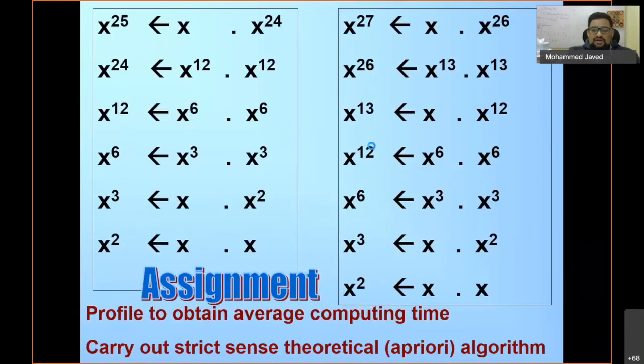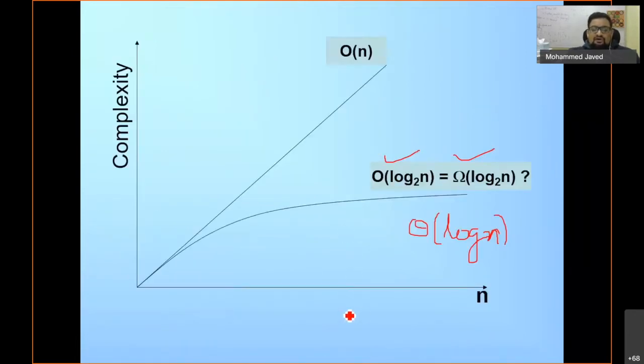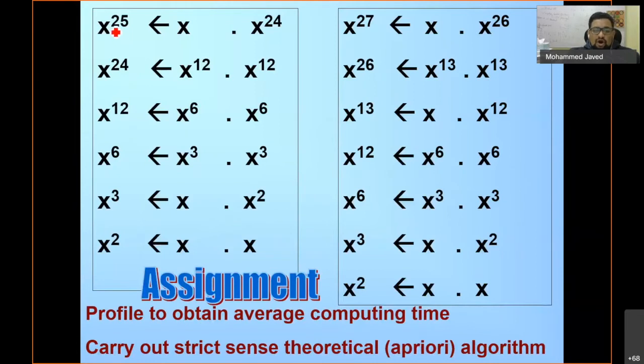Now in this particular problem, we have taken x power n, where n is an even number. We have already taken that simplest case. But what will happen when n is an odd number? Like x power 25, if you want to compute it, then you make one more pre-processing step: x into x power 24.